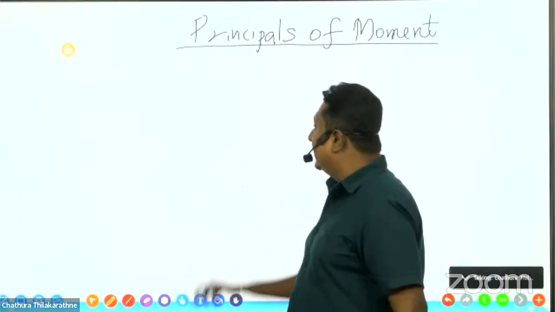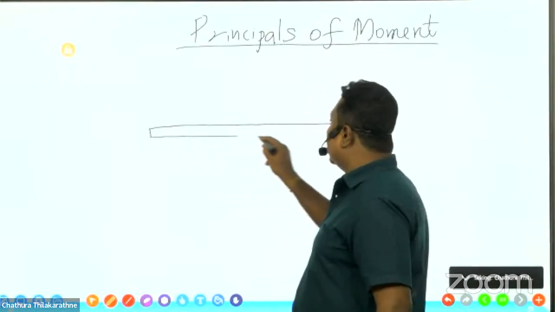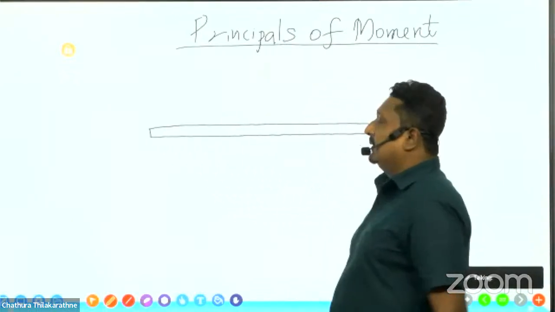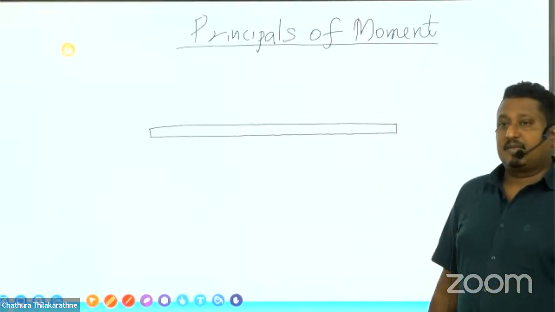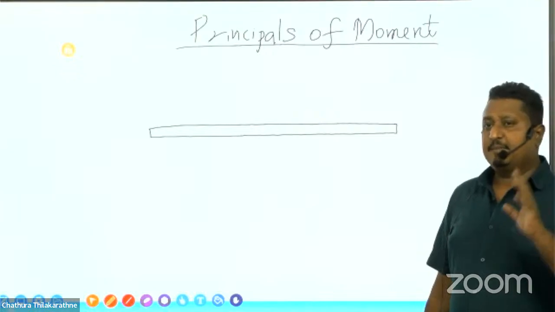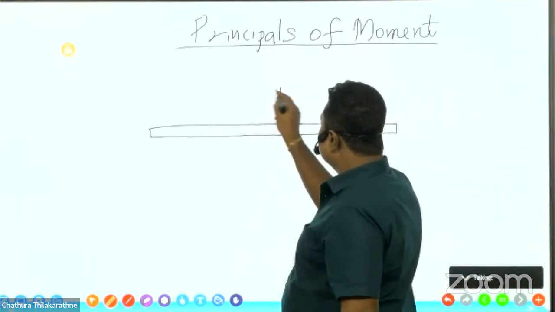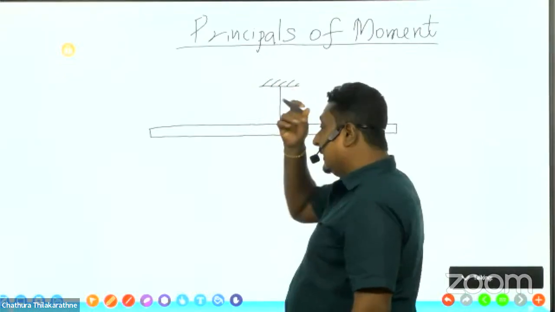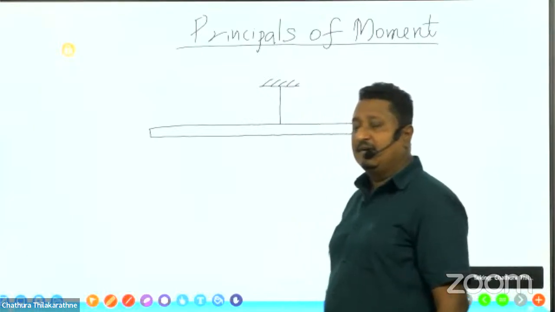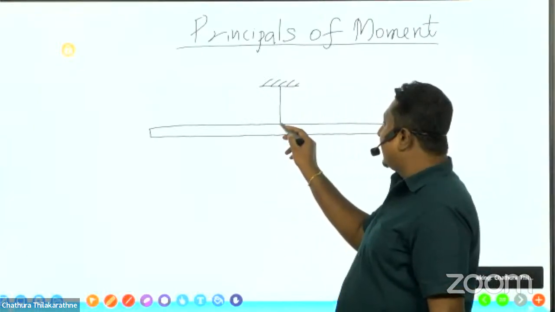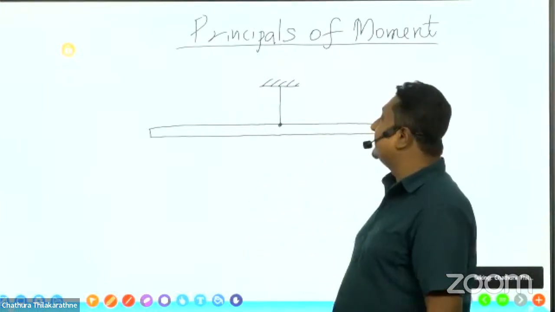Look at this. There is a wooden strip which is suspended from its center. It is a meter ruler of 100 centimeters. This is the axis of rotation where it tends to rotate.